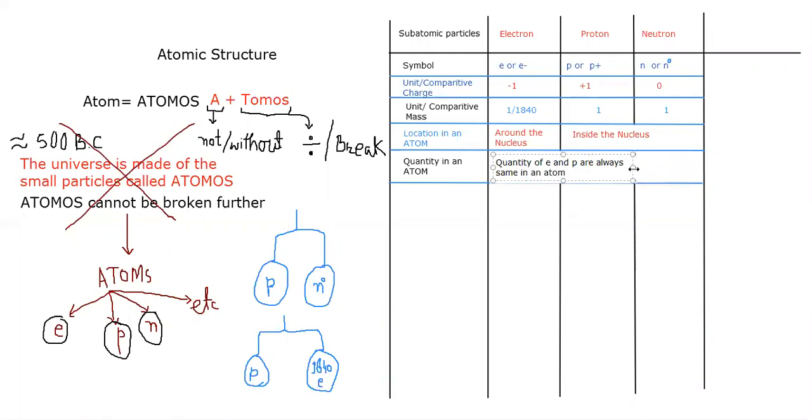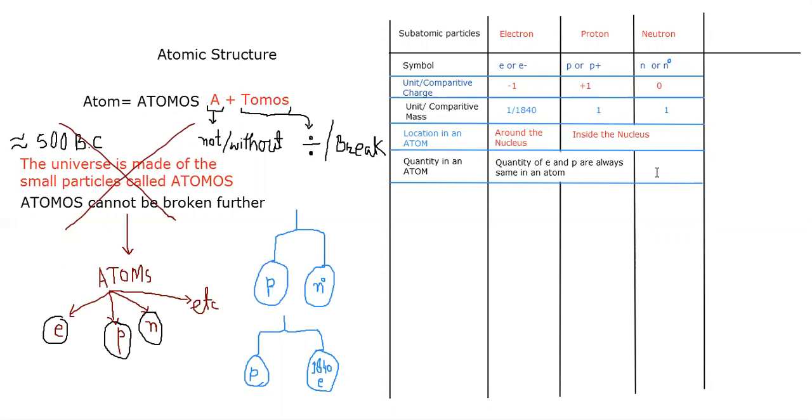You must focus on these sentences. For example, if one atom has one proton, it also has one electron. One proton means one electron, and one electron means one proton. The quantity of electron and proton in an atom is always the same.